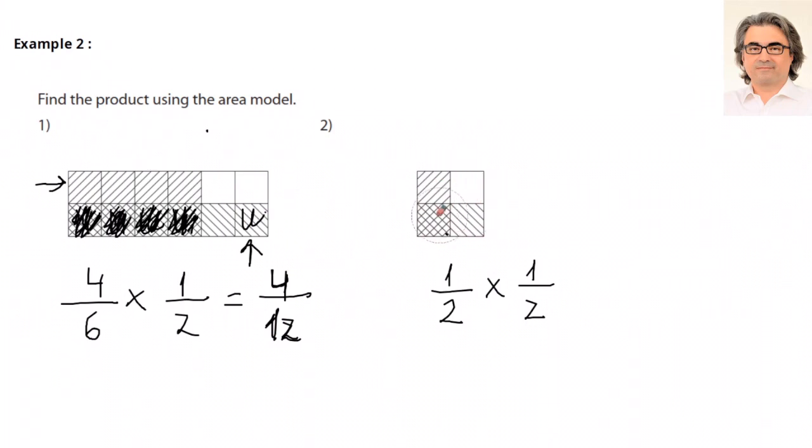And as you see, this region is shaded for both types, namely horizontal shade and vertical shade, so there is only one colored region common. So in total we have 1, 2, 3, 4, and only one is common. So I should write here 1 over 4.